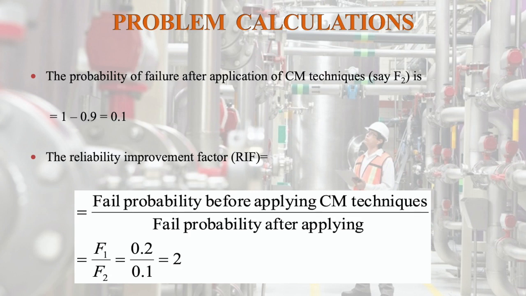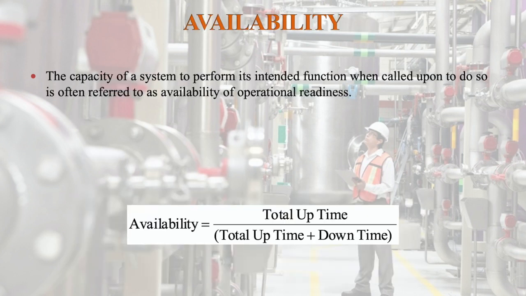Then availability. The capacity of a system to perform its intended function when called upon to do so is often referred to as availability or operational readiness.